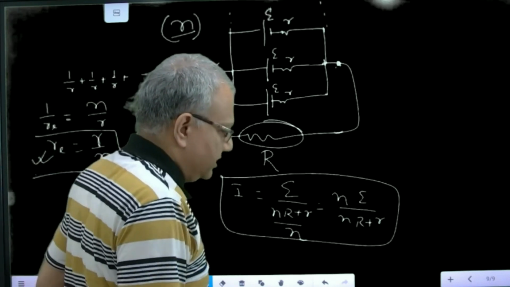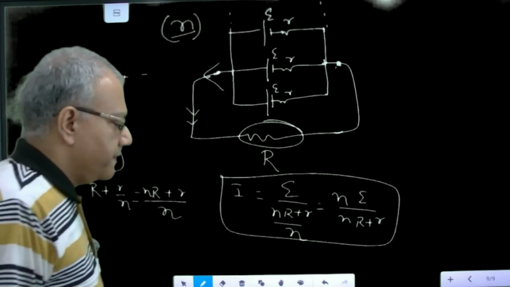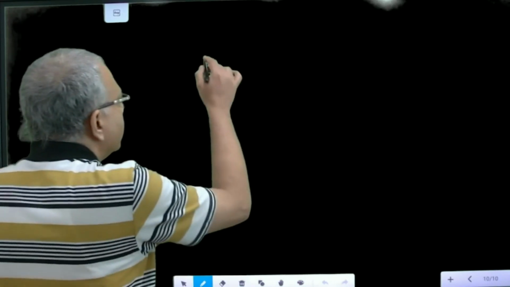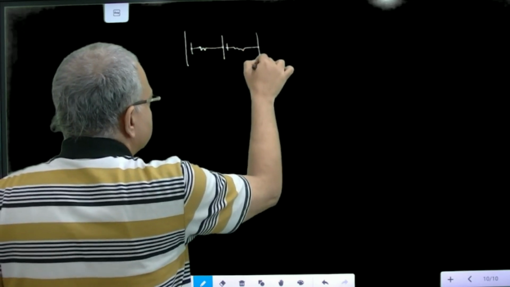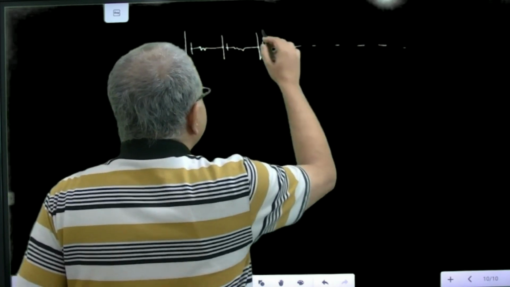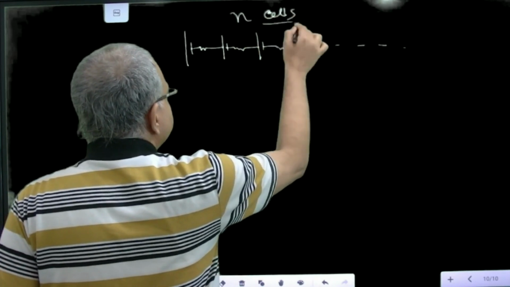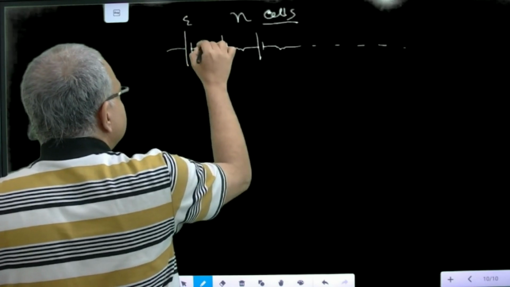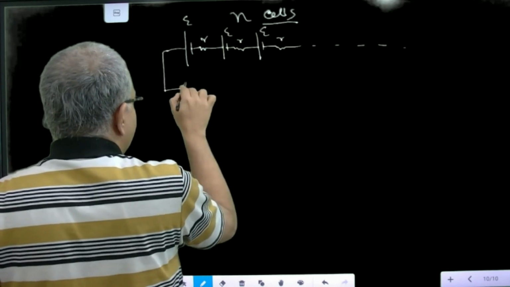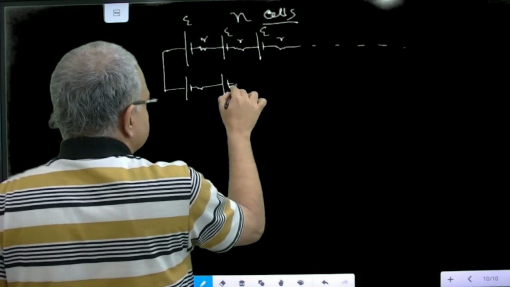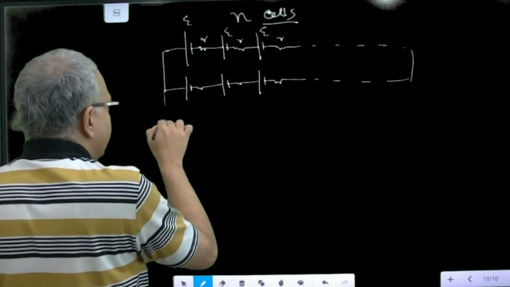So now, we can have a separate thing. Dot dot dot, again another cell, dot dot.